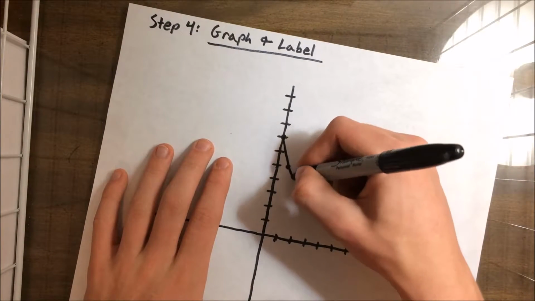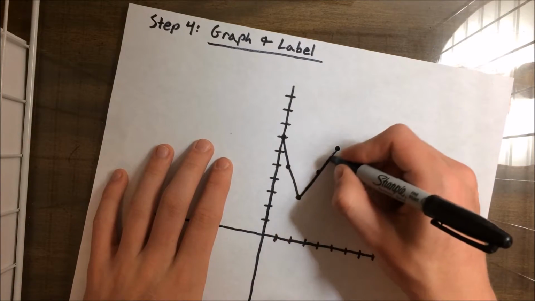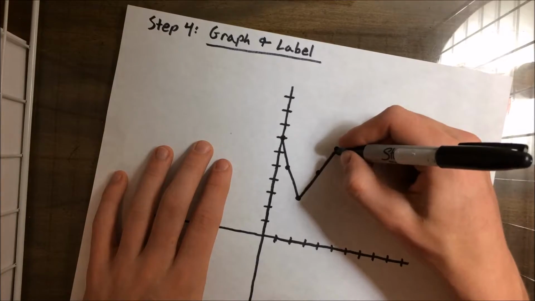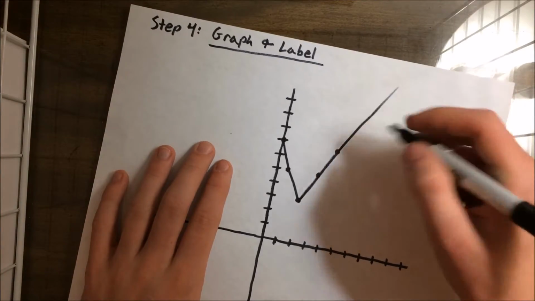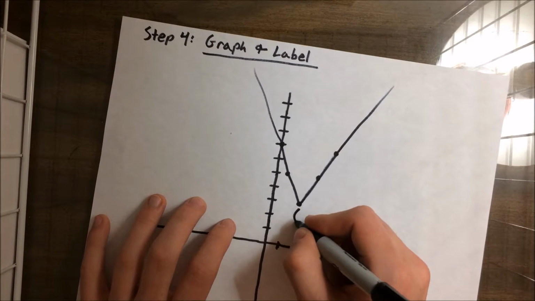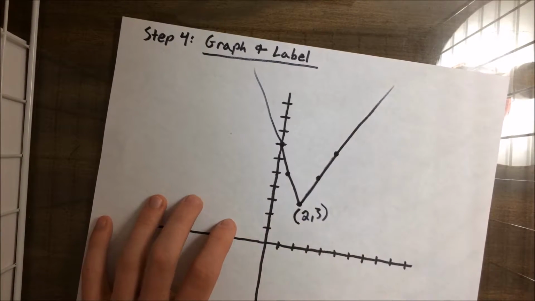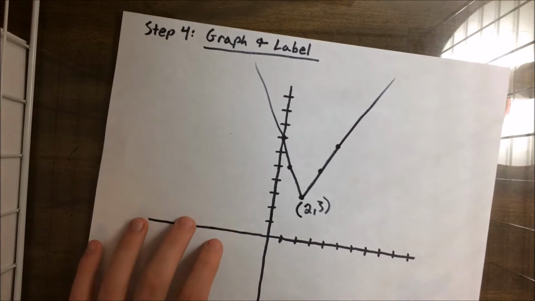Obviously these are just estimates. Okay, and then you'd want to draw the line going on past that. So your vertex would be (2, 3).